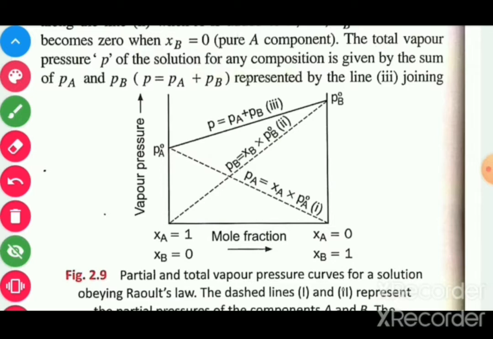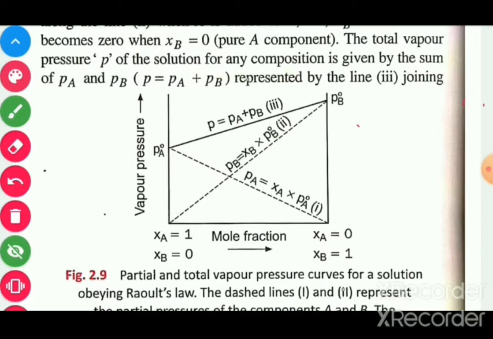When we move in the right direction on the x-axis, the mole fraction of solvent becomes equal to 0 and the mole fraction of solute becomes equal to 1. On the left side of the y-axis, the vapor pressure of pure solvent is taken, and on the right side, the vapor pressure of pure solute is taken.